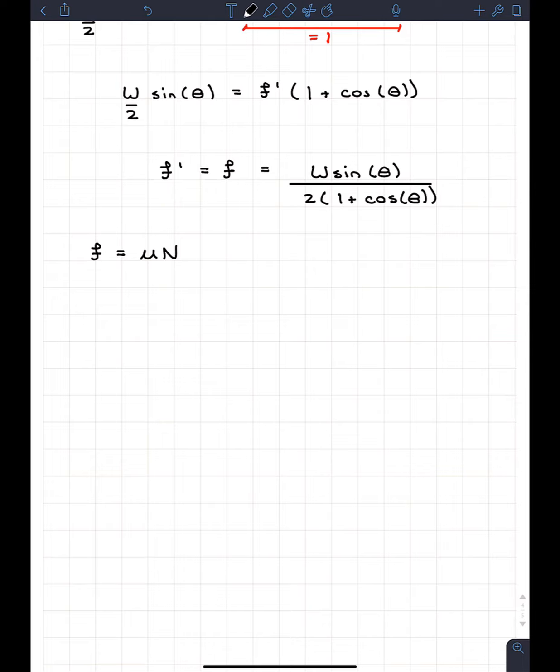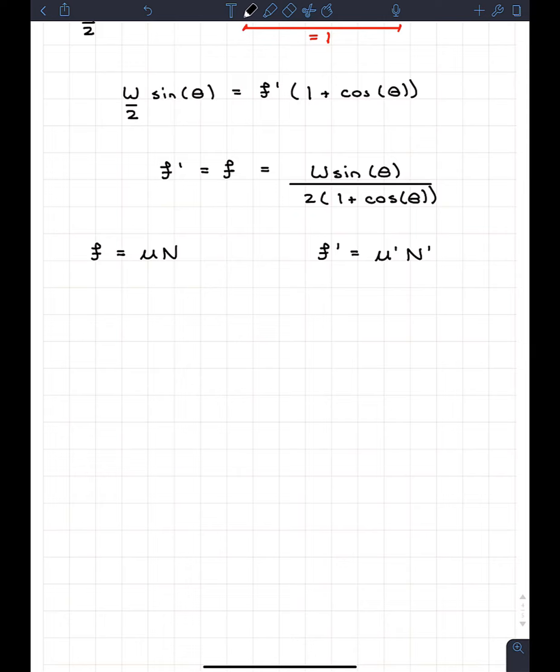And the same thing is going to go for the other surface. We know that f prime is going to be equal to mu prime times n prime. And this is when it's just about to slip. Just about to slip, it's equal to. If not, it has to be less than. So the minimum value of mu is going to come when these two are equal to each other.